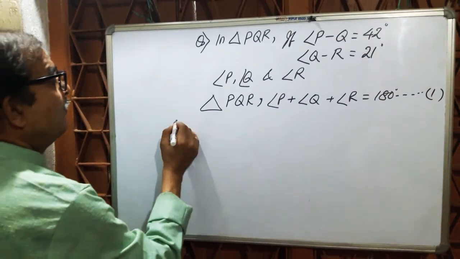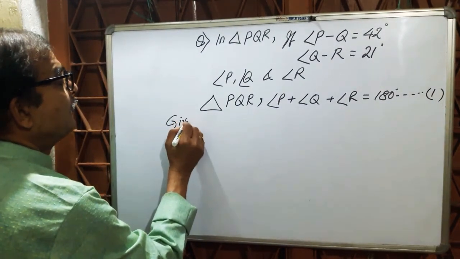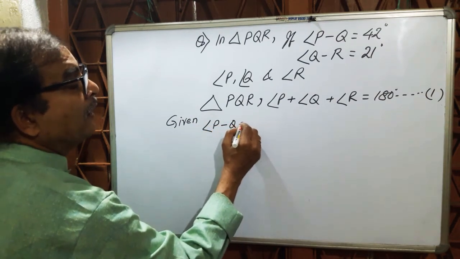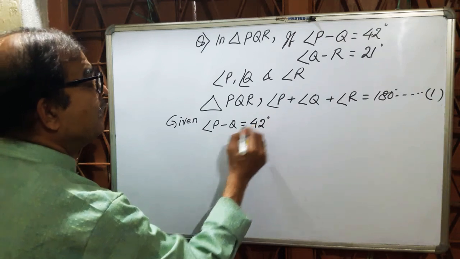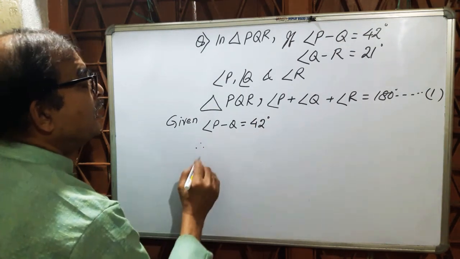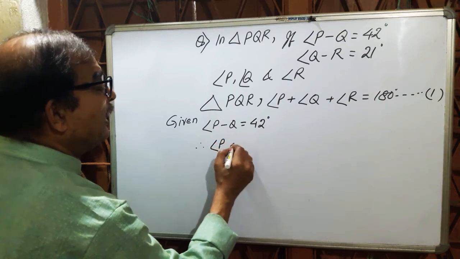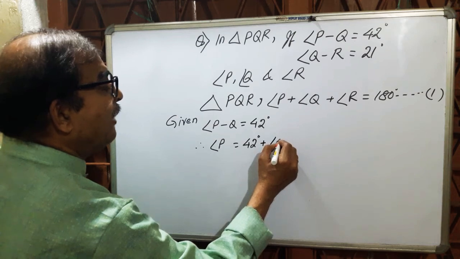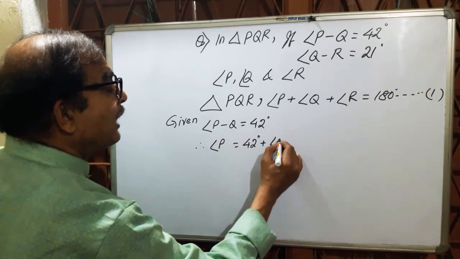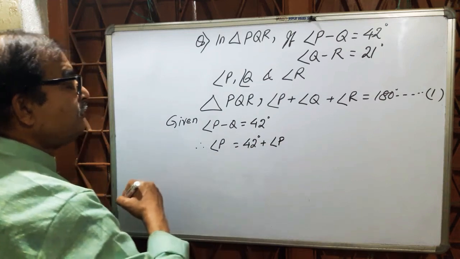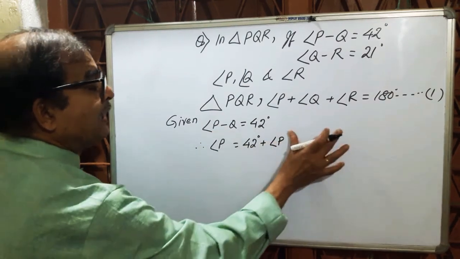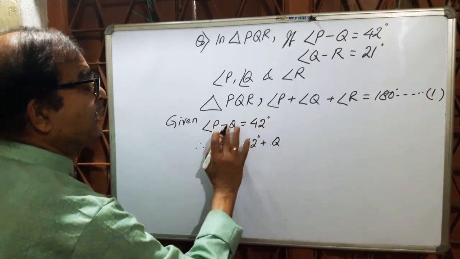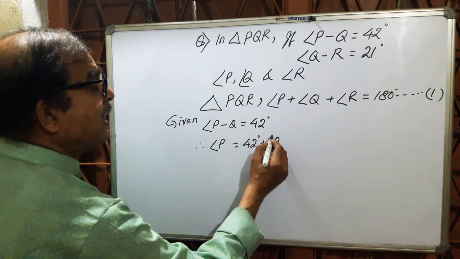Given angle P minus Q equal to 42 degree. Therefore angle P equal to 42 degree plus angle Q. Here P minus Q is 42 degree, it is going to the right hand side, automatically the sign will change.